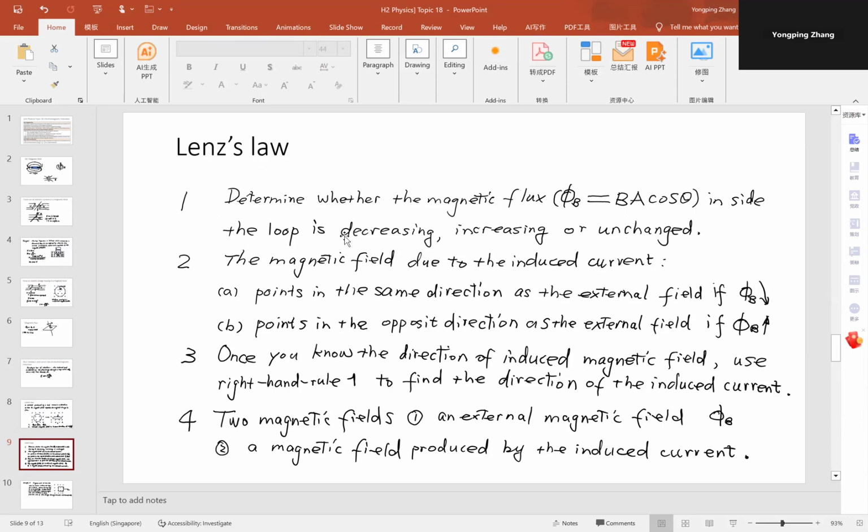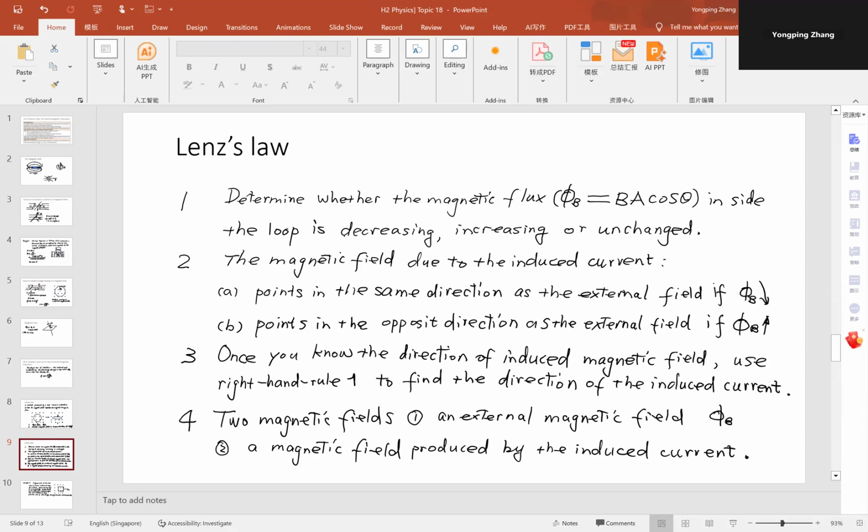Then the magnetic field due to the induced current points in the same direction as the external field if the magnetic flux phi B is decreased, and in the opposite direction as the external field if phi B is increased.